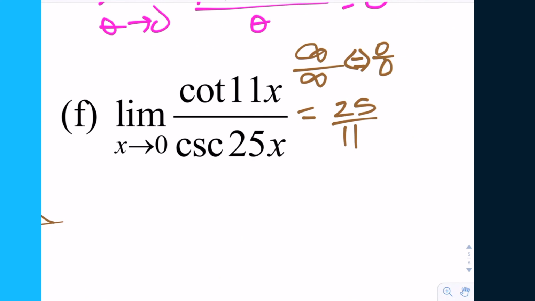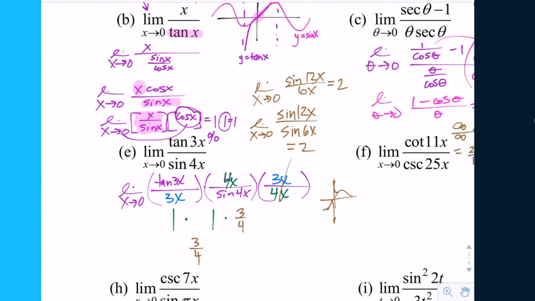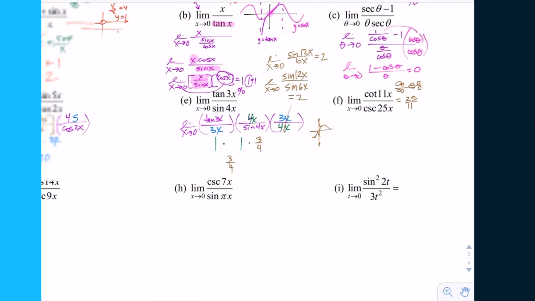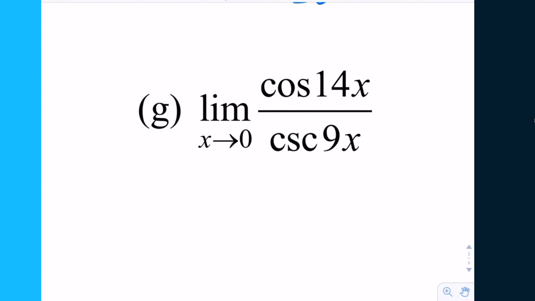But with the reciprocals, it's not the visual ratio that you see of the angles, it's the reciprocal. Okay? Flip it. Now, of course, if you ever forgot, you could work it out. You could use the identities, and you could do exactly what we did right here, create what you need. Okay? All right, moving right along then, letter G.